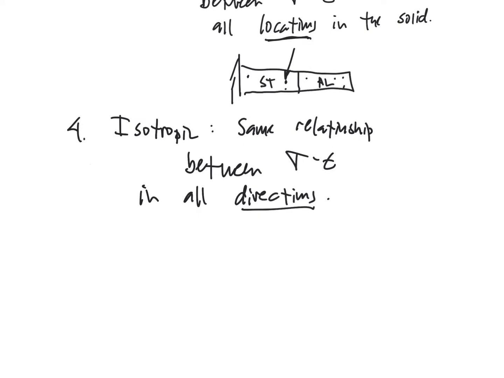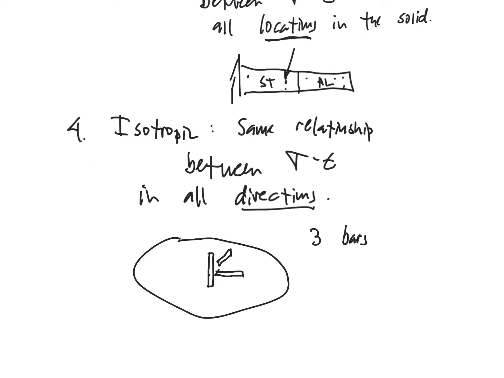What that means is if we have a blob of material, I can go to one point and go this way and cut out a little test bar. Then I cut out another little test bar going this way, and then another going this way. I cut out 3 bars, and I get exactly the same relationship. So 3 bars in any direction. Again, the link that you need to memorize is when you think isotropic, you think direction.